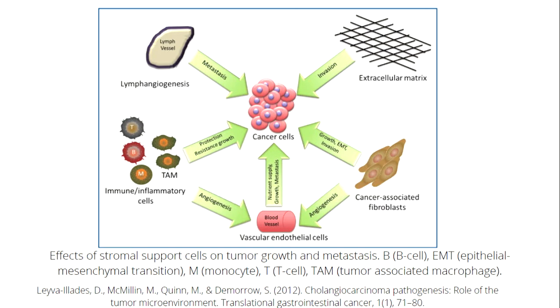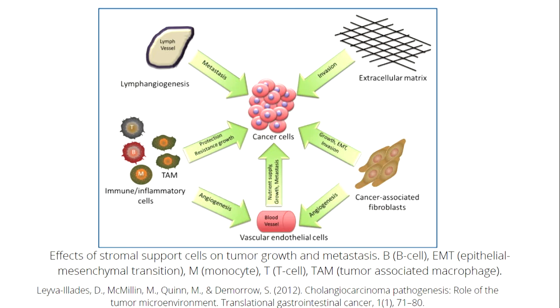According to a study by Leva Eliades et al., we have here the effects of stromal support cells on tumor growth and metastasis. B cell, the epithelial mesenchymal transition or the EMT, the M, the monocyte, the T cell, and the TAM or the tumor-associated macrophage.